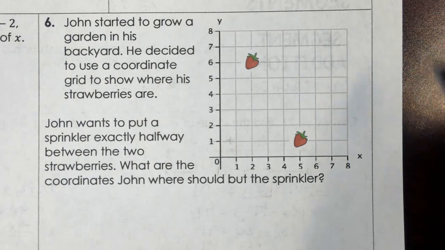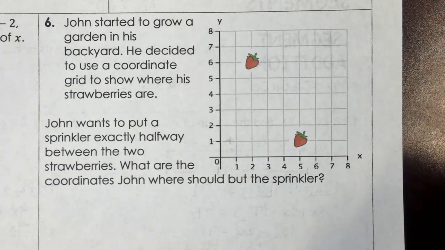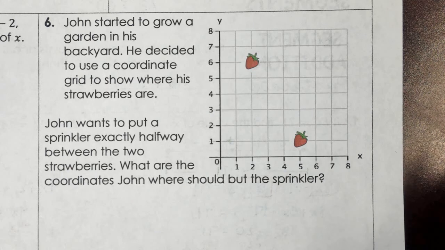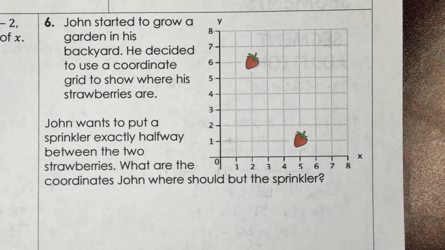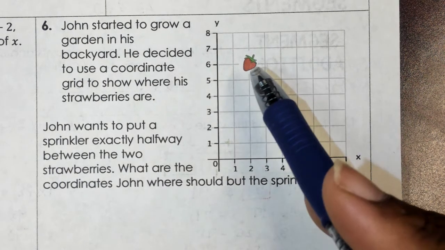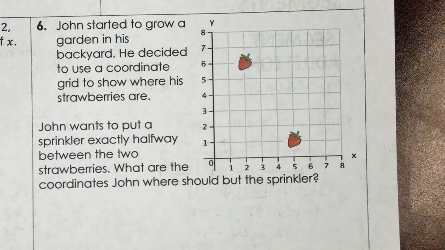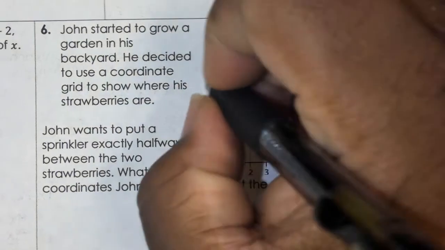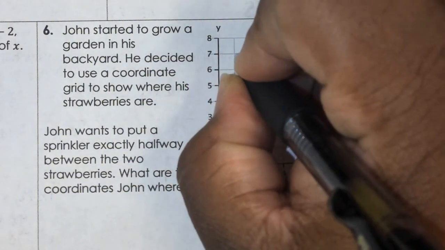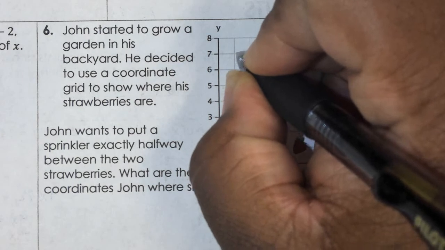Okay. So on this one, first we need to start by identifying our coordinates. The first strawberry, the one up top here, where is that at? Somebody tell me. Alright, so we're going to agree to this at 2, 6.